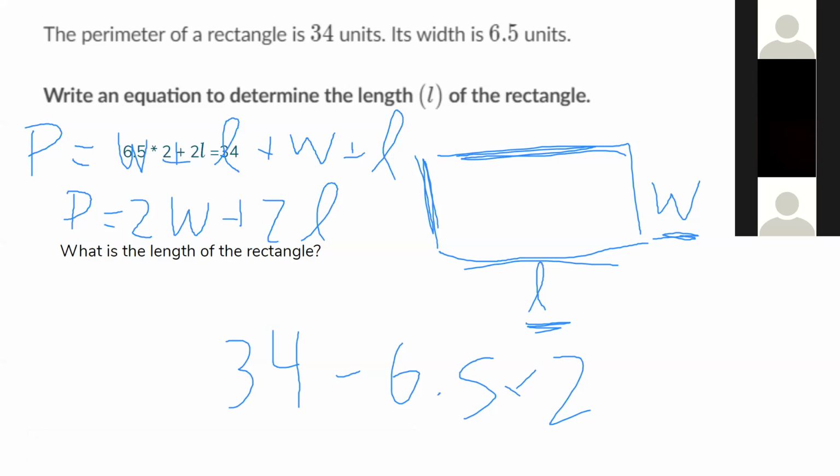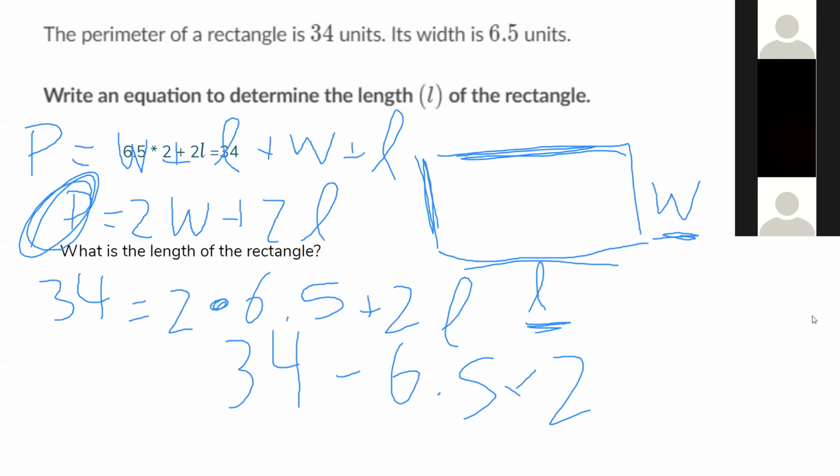So the perimeter, the problem gave us that, right? We can just plug in 34 for that. And then W, what's W? 6.5. Yep. Plus 2L.